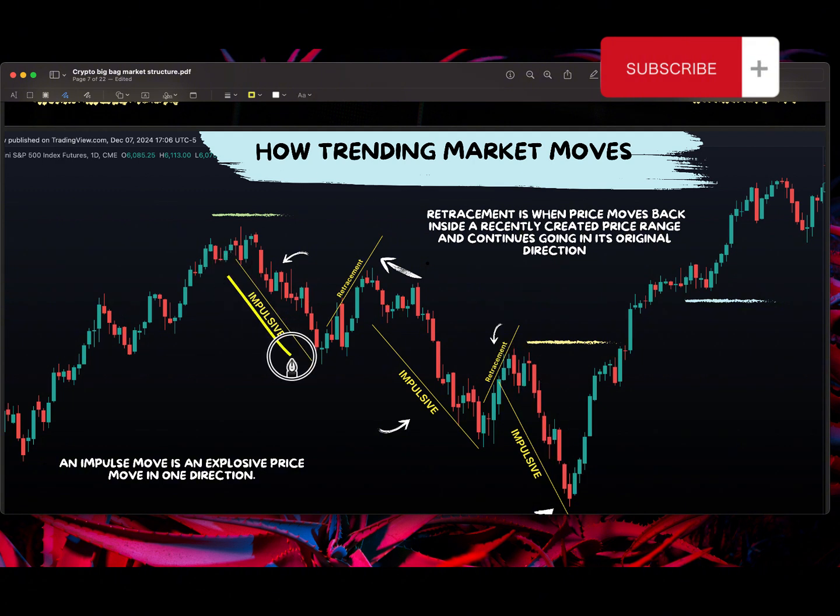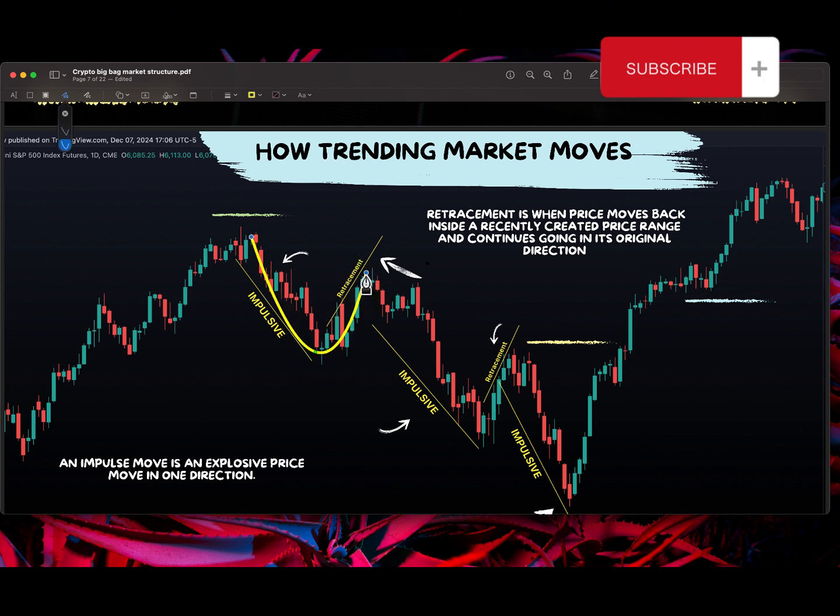This is how you know: in a downtrend, every move back up that creates a lower high is called a retracement, and every move that goes down, breaking lows and creating lower lows, is called an impulsive move. Like I said, a retracement is when price moves back into the recently created price range.